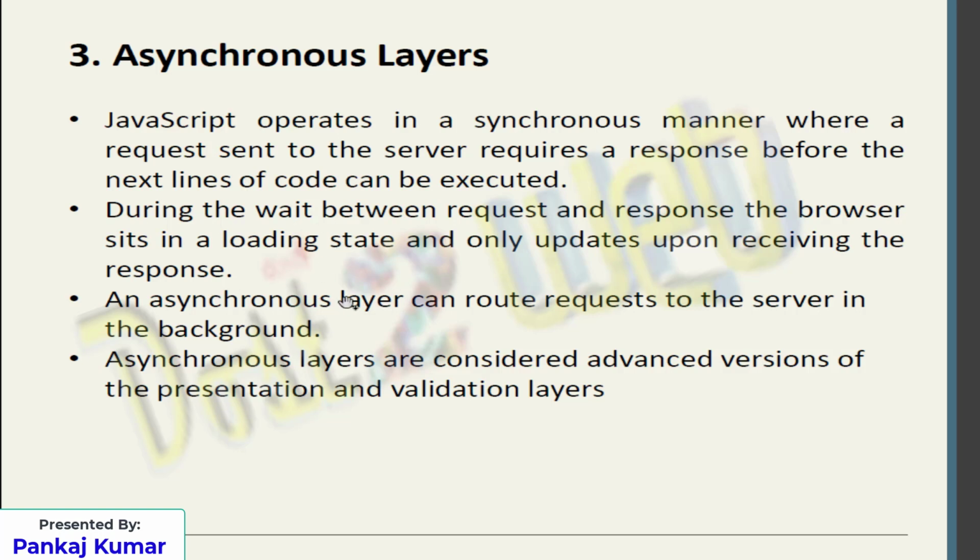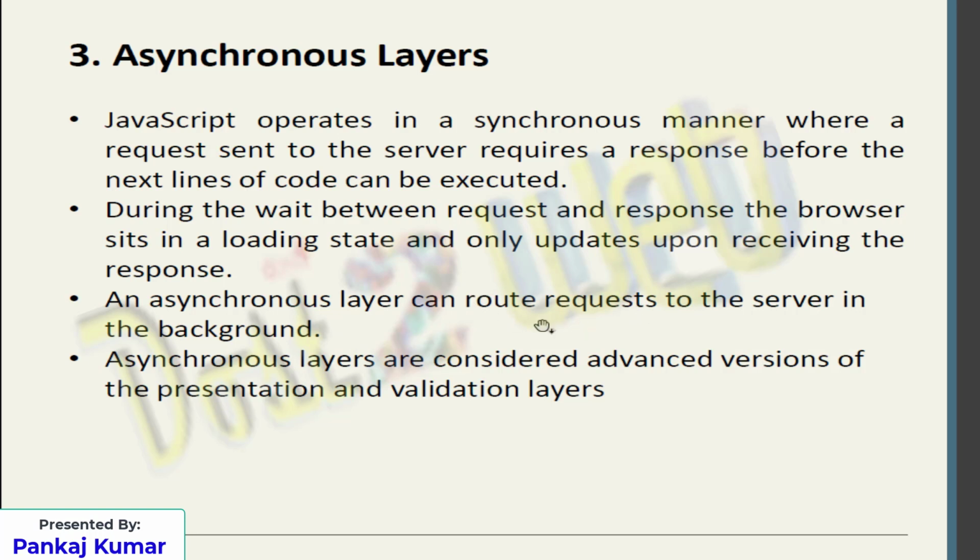In the asynchronous layer, it can route requests to the server in the background. That means it is not visible, unlike the synchronous manner. You might have seen on some websites that when you select a city, the page refreshes and then the district list appears. That is synchronous. In asynchronous, the request to the server happens in the background.